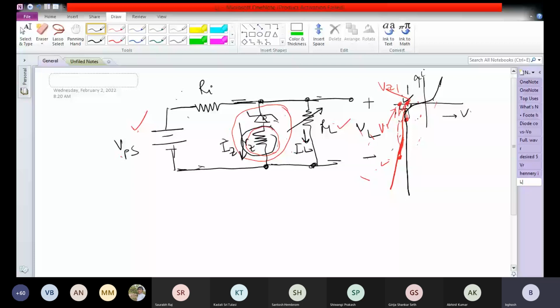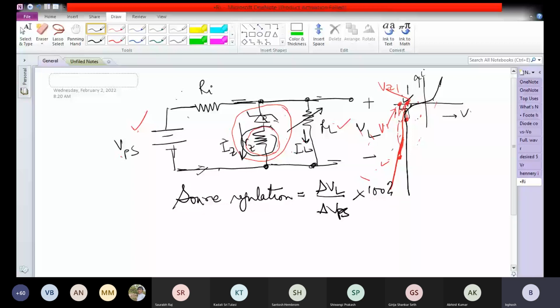So then we define how well the Zener diode performs its job of maintaining the output voltage constant irrespective of the change in load current or the change in supply voltage by defining two terms. One is called source regulation, and that is delta VL by delta VPS into 100%.